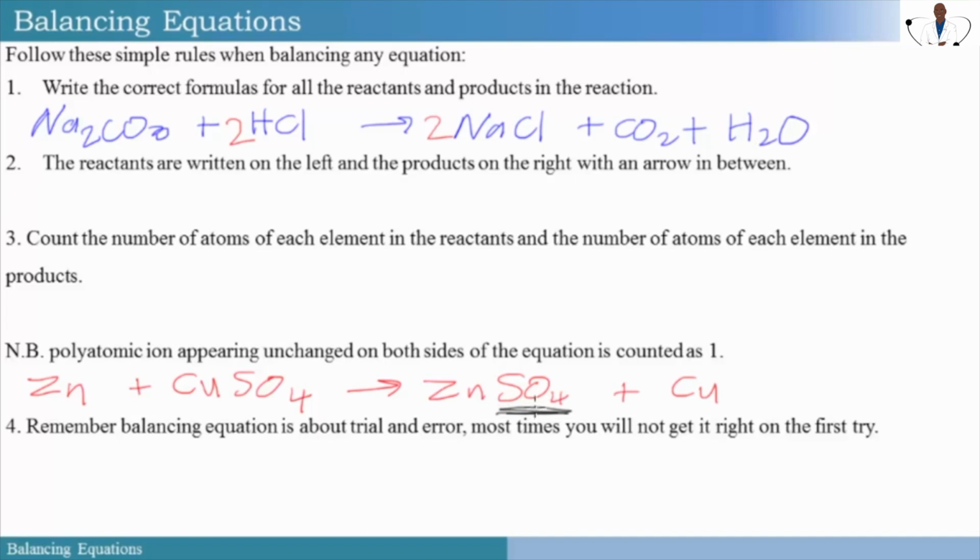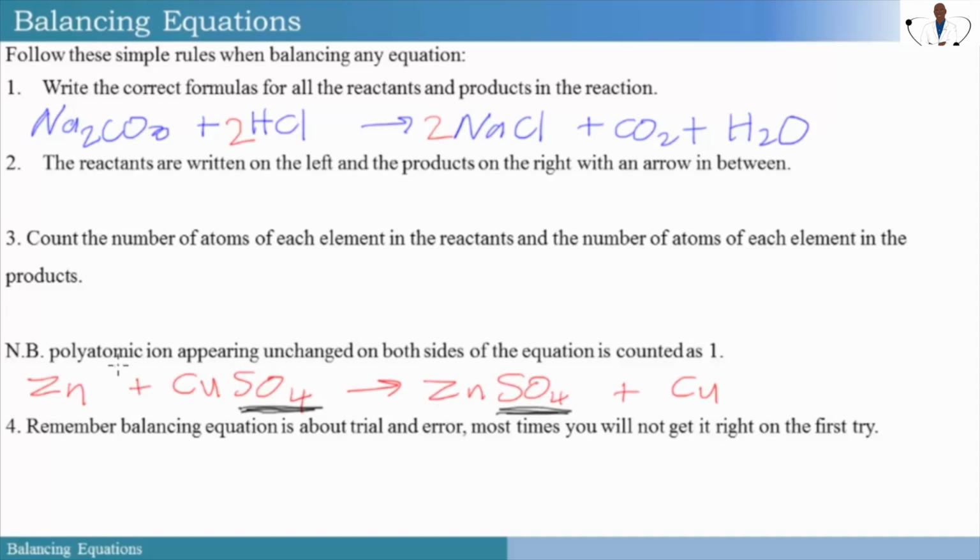So I could say 1 SO4 on the right, and on the left I have 1 SO4. And then we have 1 copper and then 1 copper. So we're balanced. We could separate it if we wanted to. So I could say 1 sulfur, 4 oxygen, 4 oxygen.